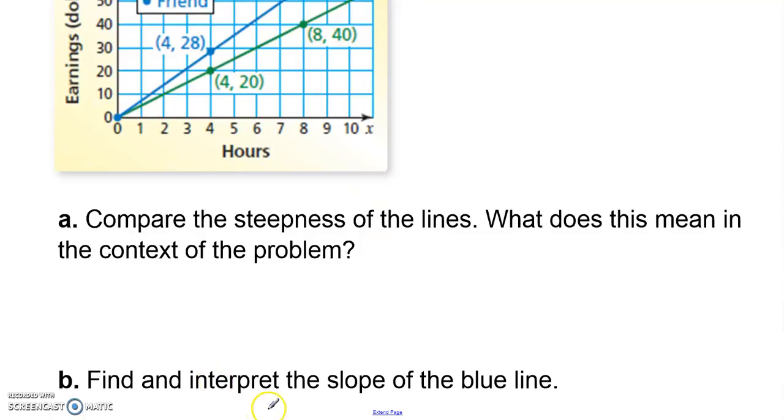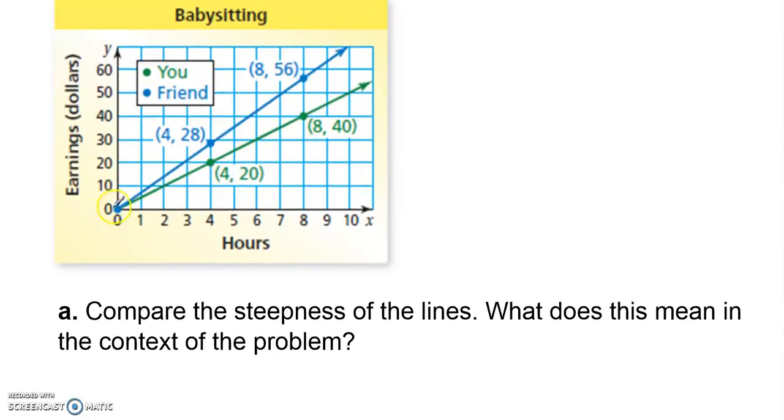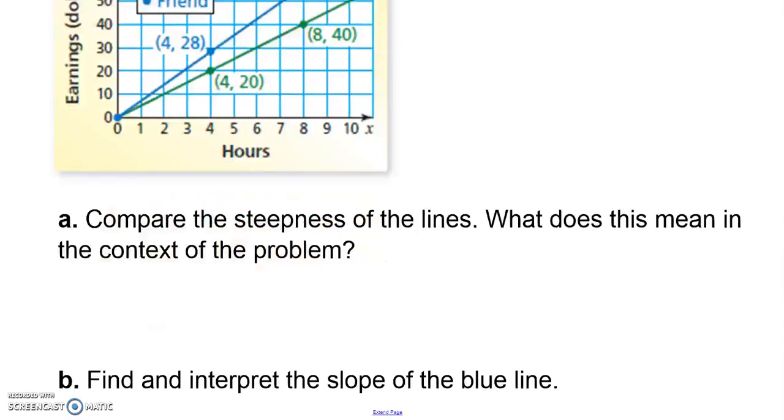And then find and interpret the slope of the blue line. So we're going to find the slope of your friend's line. So we're rising 30, and we're going over 4. So 30 divided by 4, and that equals 15 halves.